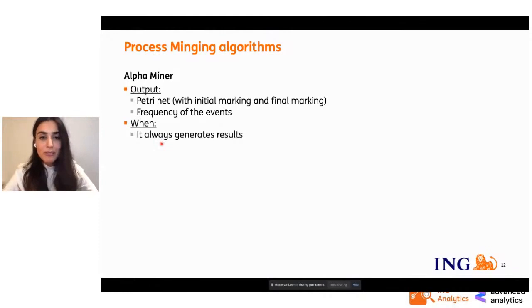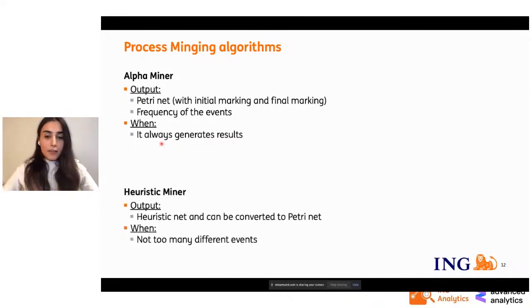So you can always use it, but it's not promised that it will always give a good result, but at least it will give good insights for the existing log. Heuristic miner is another, more advanced miner, which as an output produces a heuristic net, and again, it can be converted to Petri nets. This algorithm can be used for cases where we have too many cases.